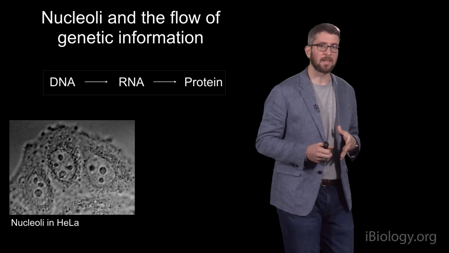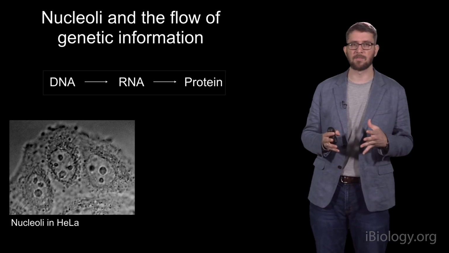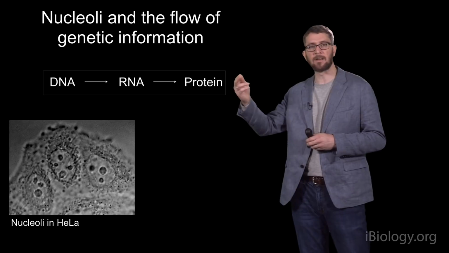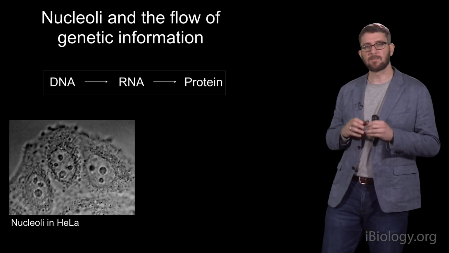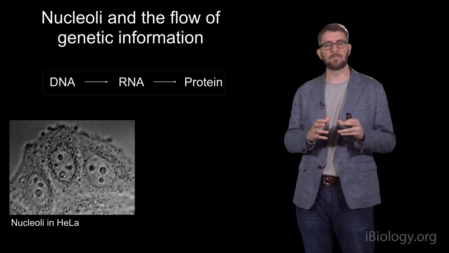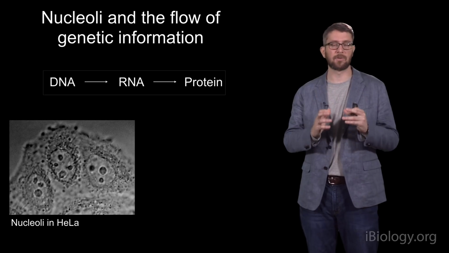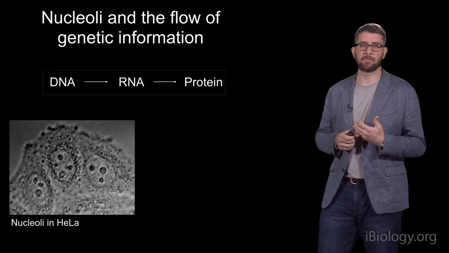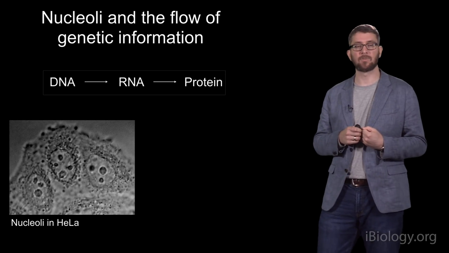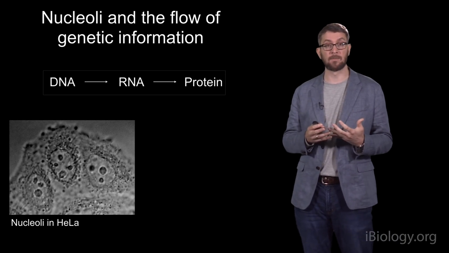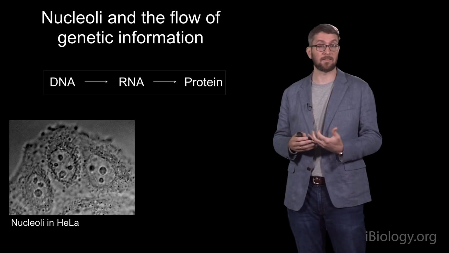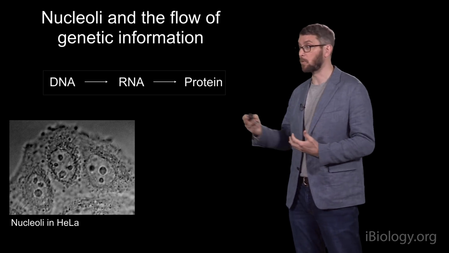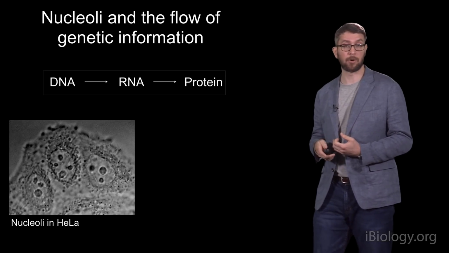They're really interesting in thinking about this flow of genetic information from DNA to RNA to protein because they're sitting on sites where there's active transcription of the ribosomal RNA genes. So they're really important for the transcription of ribosomal RNA, and the ribosome is the machine that actually makes protein ultimately in the cytoplasm, so they're also important for this step from RNA to protein.